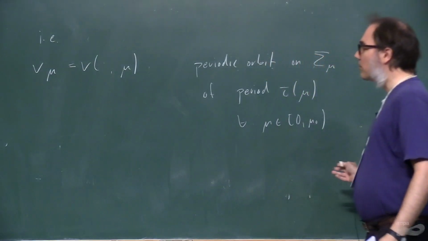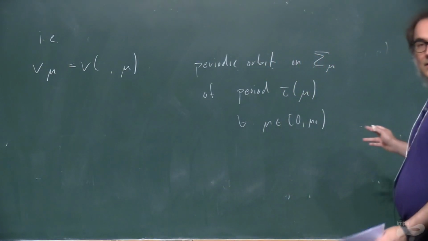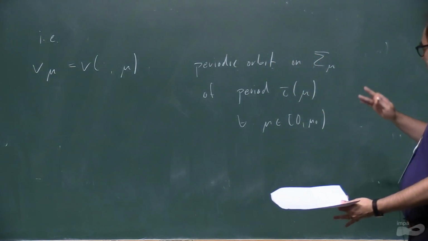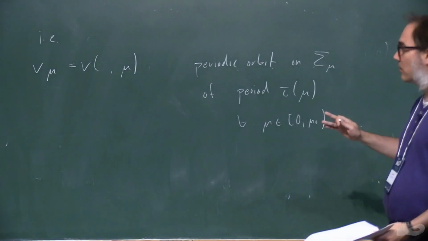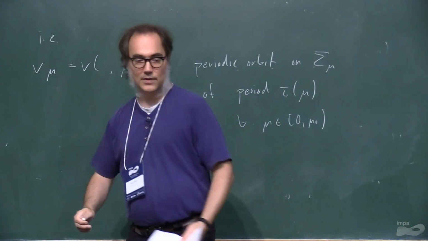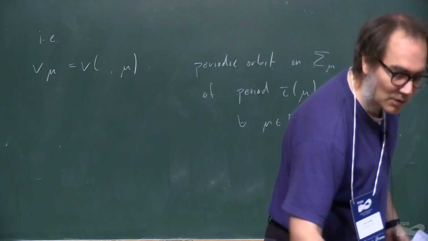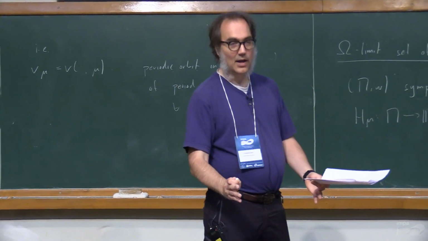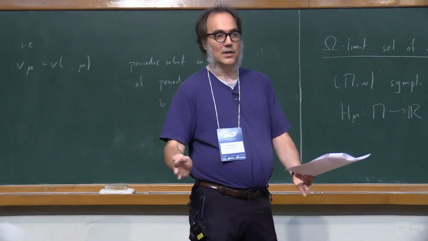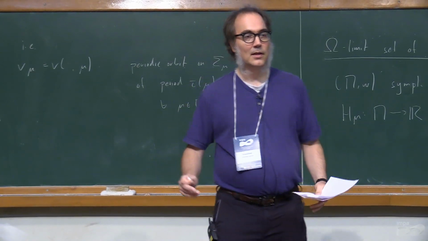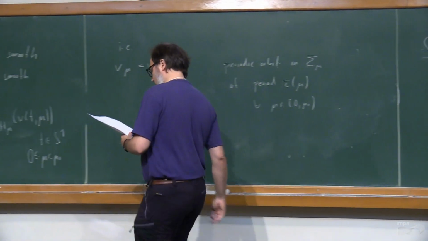And up to mu 0, let's assume that they are non-degenerate. So we start with our collision, and then first, by the implicit function theorem, we can continue a bit. So they are first non-degenerate.